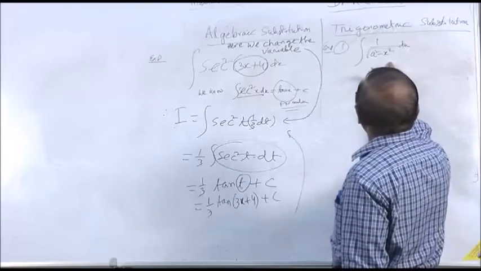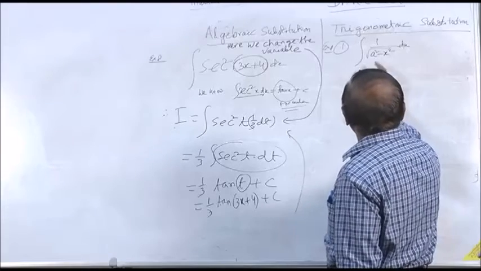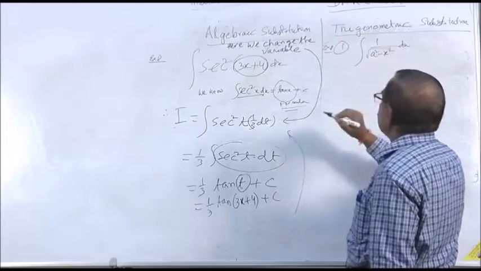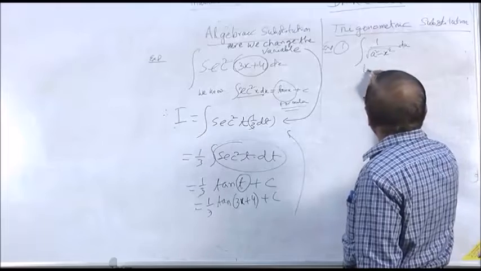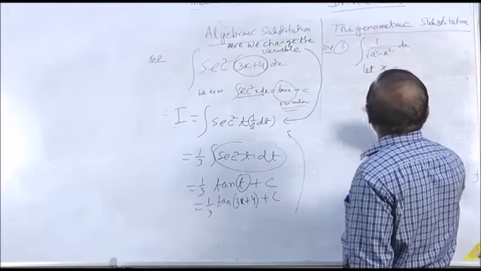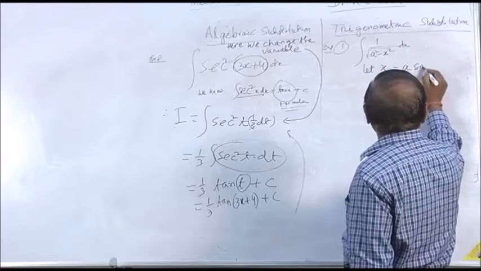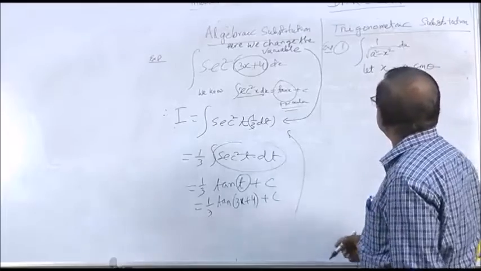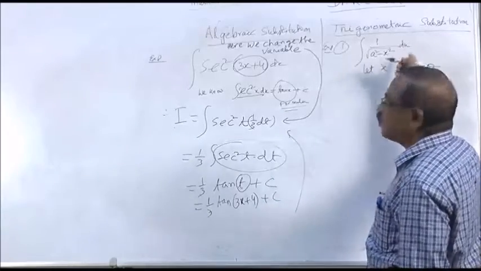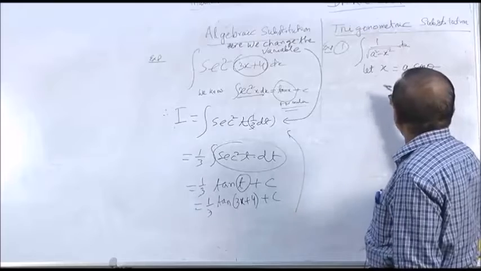Because this comes under trigonometric substitution, here the variable is x. Now we can take the value of x equal to a sin theta. Here also we are changing the variable x to theta.